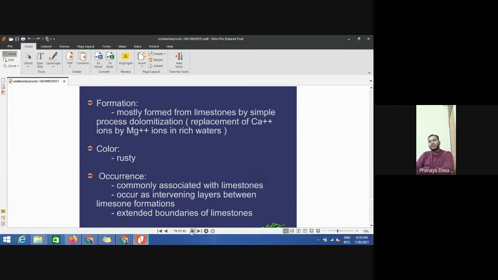Dolomitization is the process by which dolomite rock is formed from limestone. Limestone is the source rock from which this one is formed. Color is a little rusty, and it occurs mostly in association with limestone.